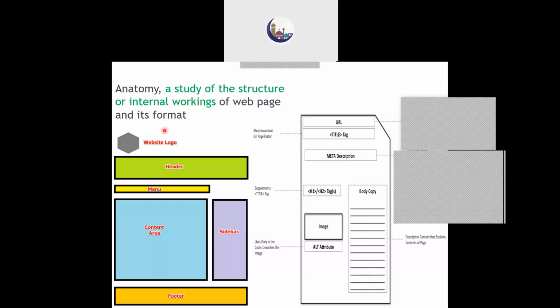In the same way, when we talk about a web page, we'll talk about what the various elements kept in the web page are and what their basic functionalities are. The first element is the logo of your entire company. The logo tells what the company is and what the basic functionality of that company is.